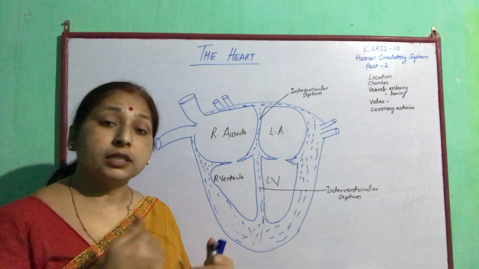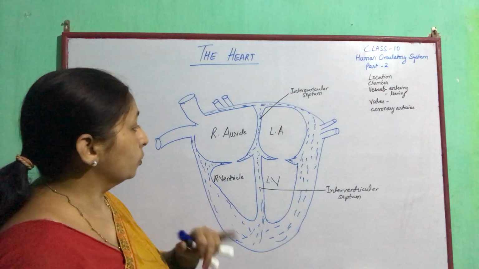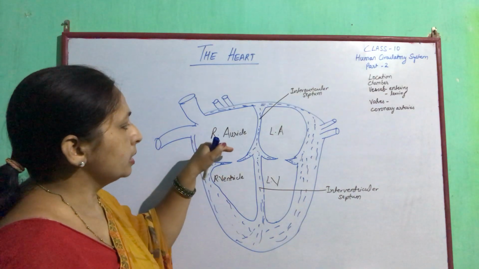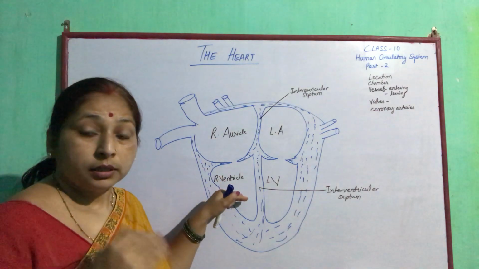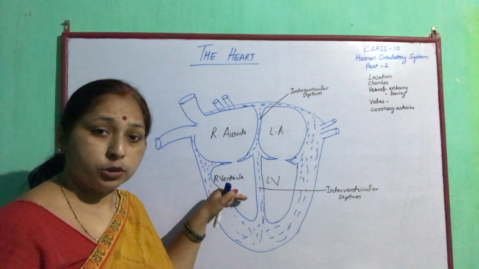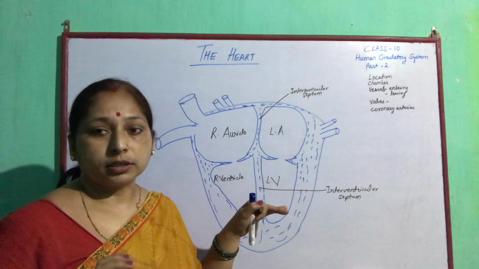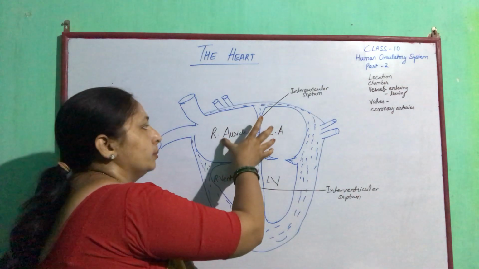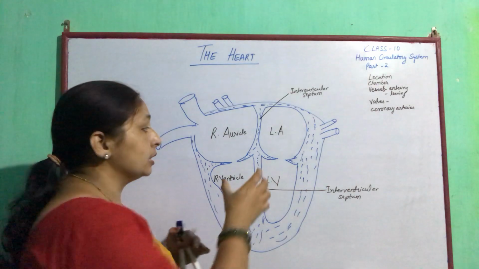Because for every structure there is a reason behind it. The auricles have to supply blood just to the next chamber, which requires only a little contraction, less force. That's why the muscles are thin.